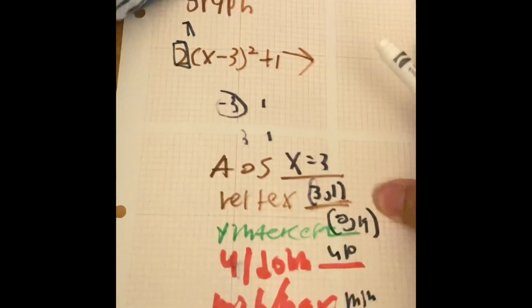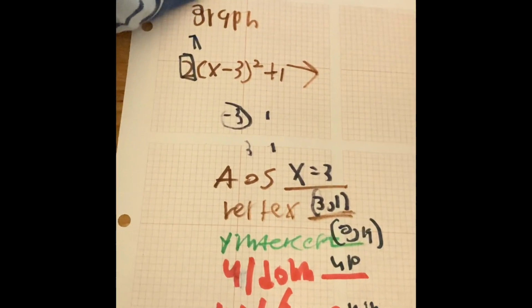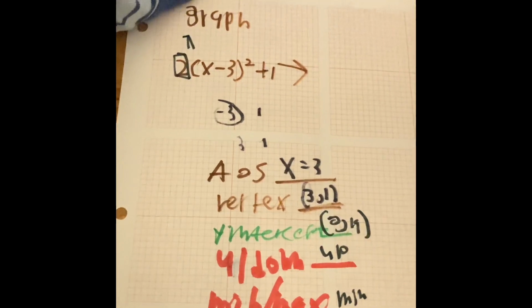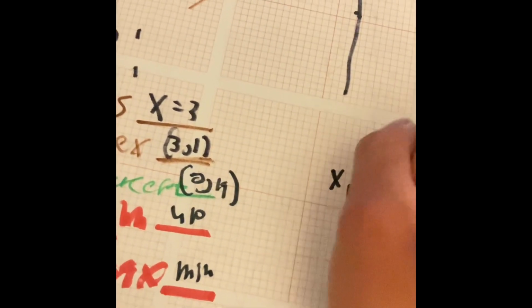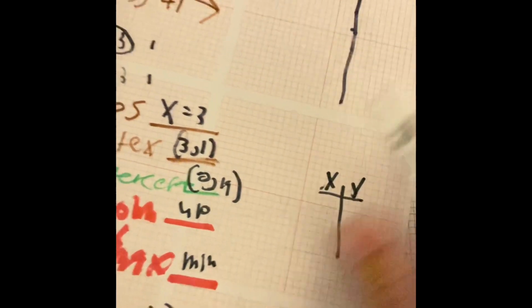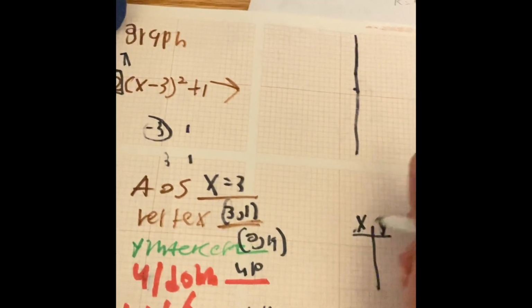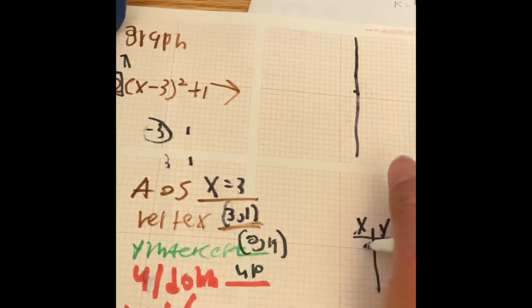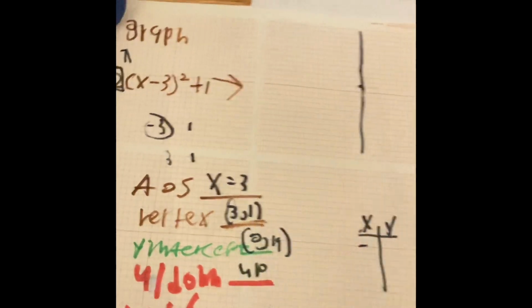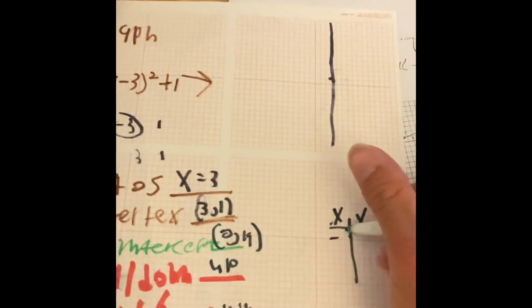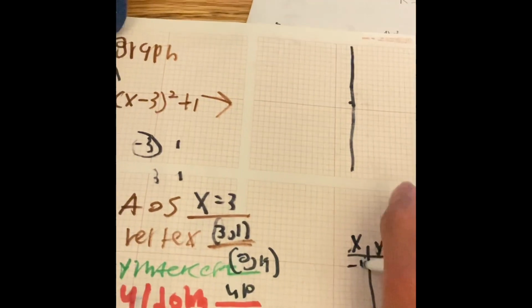Now here comes the last part, using a table to determine what the points are. So we have an x and y value. What I'm going to do is put -1 in for x and see what happens.